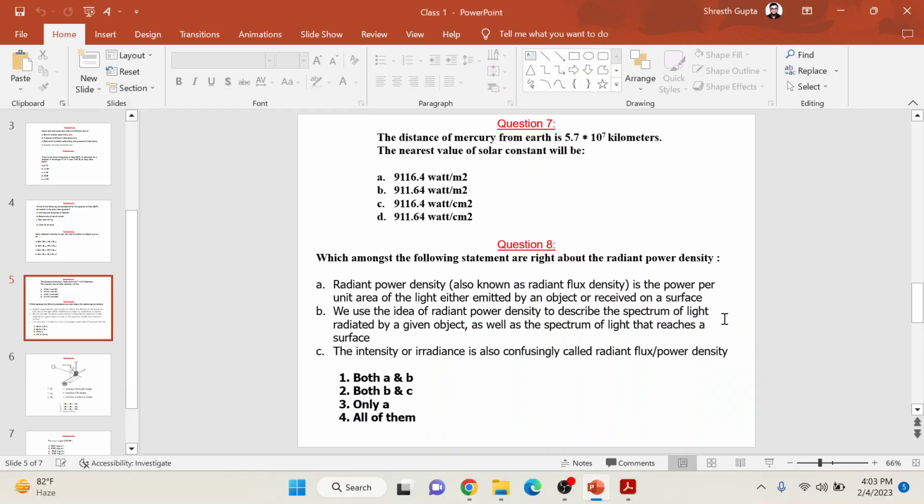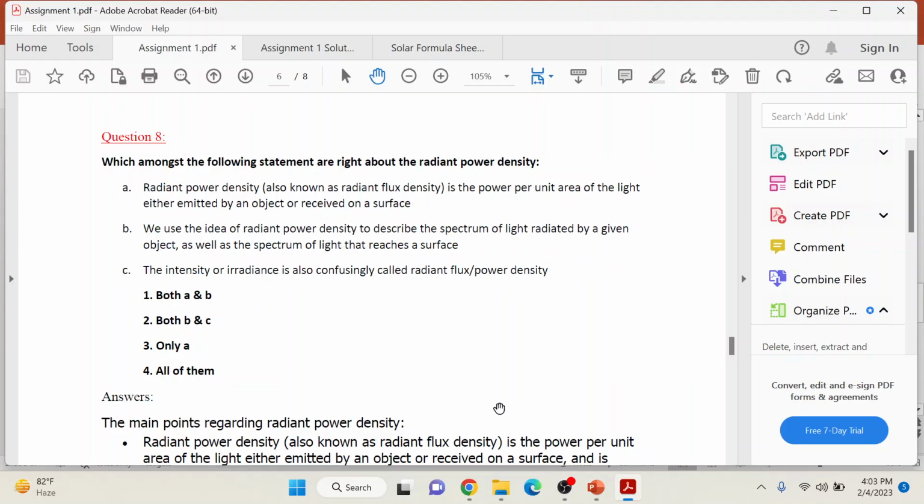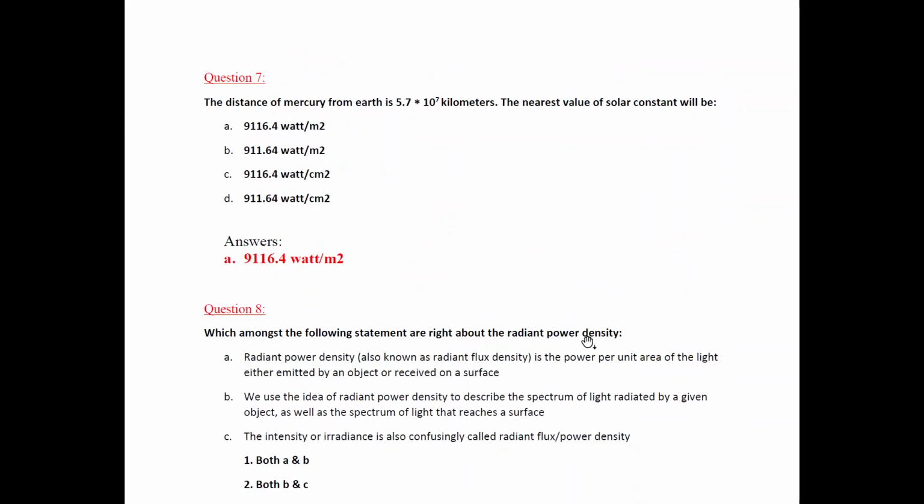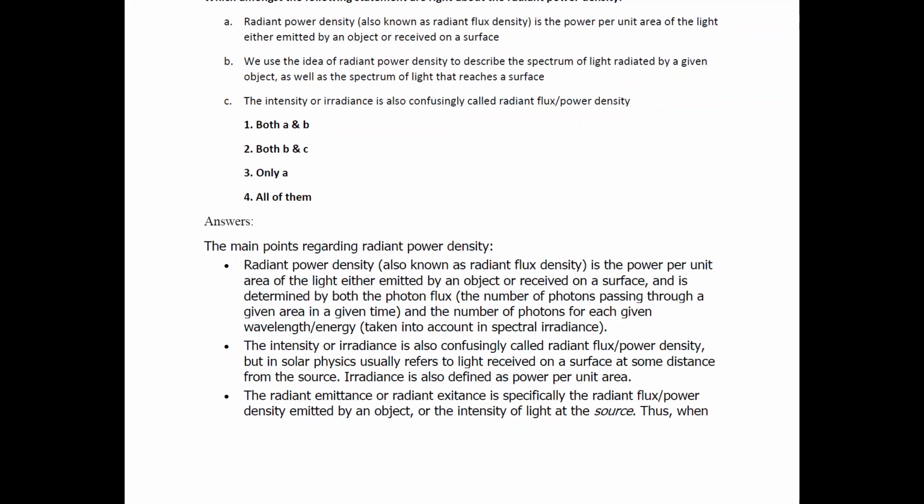Okay. Without further delay, because this is a very theoretical question, and you may know it, you may not know it, because I also didn't know it much. I was actually going through it. There are certain points that we need to clear out because I myself got confused about it once. So the radiant power density is also known as radiant flux density.